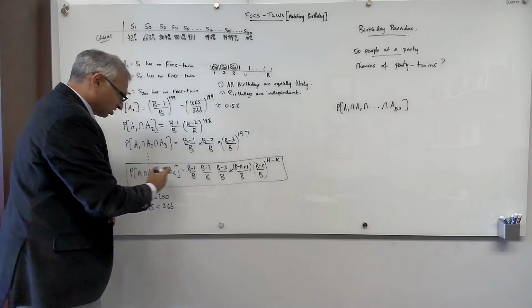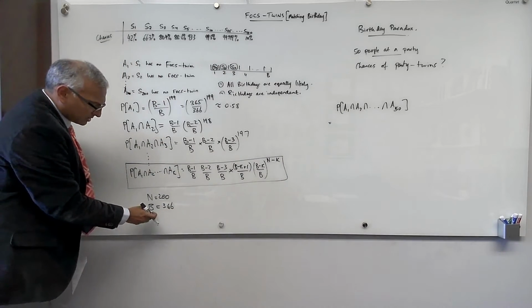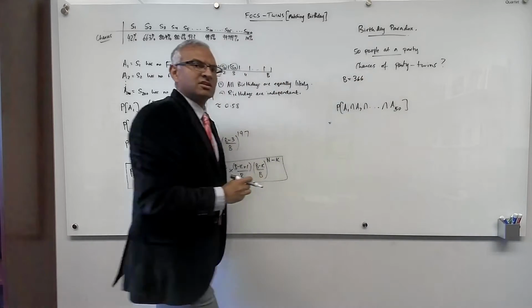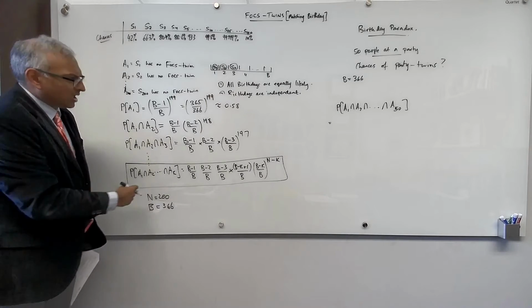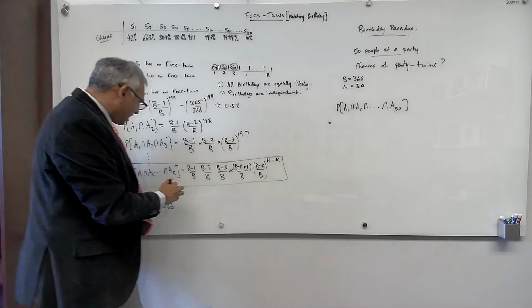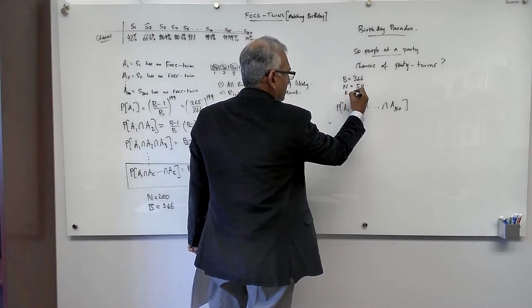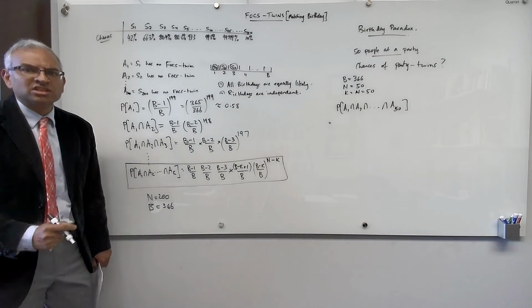And we can now just use this formula. In that specific example, B is still 366 because we're interested in birthdays. There are 366 birthdays, and N is now 50. But K, we're interested in all people not having a twin, so K is equal to N, which is equal to 50. So this is the special case that arises in the birthday paradox.